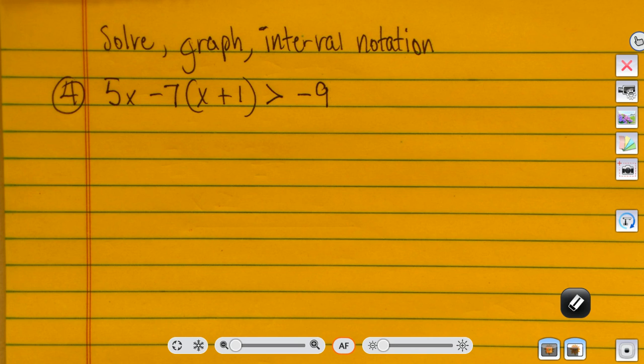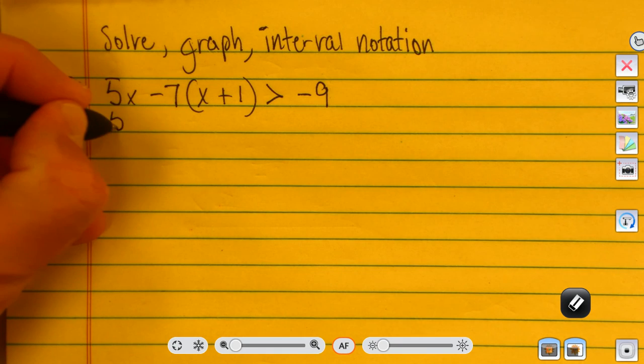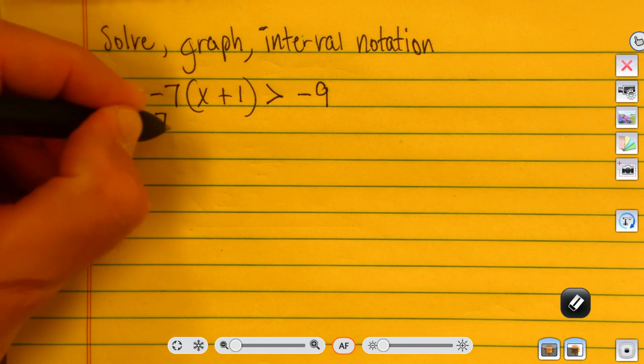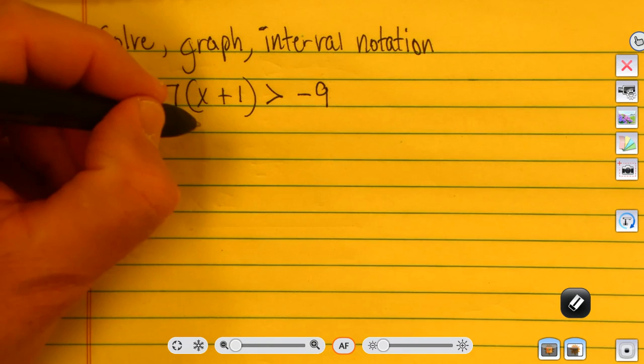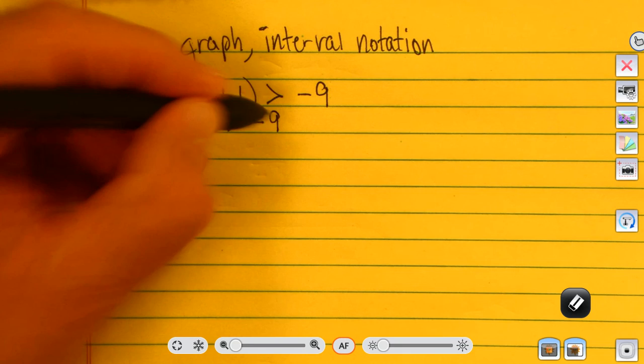So to solve it, what's my first step? So we want to use the distributive property to multiply negative 7 times x, and we'll get negative 7x. And negative 7 times negative 1 will get negative 7, and that's greater than negative 9.